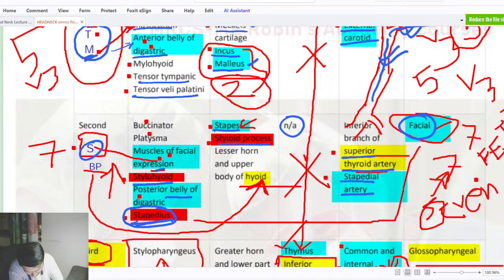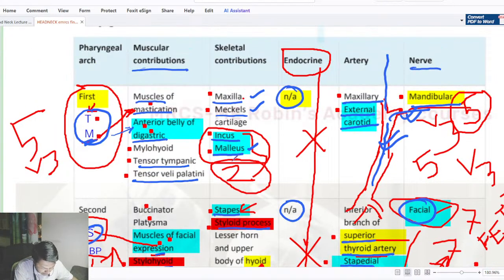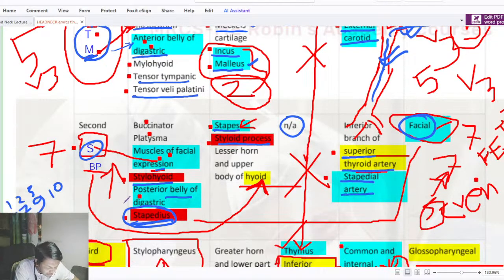So if you remember this simple sequence, 5, 7, 9, 10, it is 1, 2, 3, like that. It is all about the nerve. From the first arch we got number 5, especially V3, the mandibular division. From the second arch, we have the facial nerve, number 7.